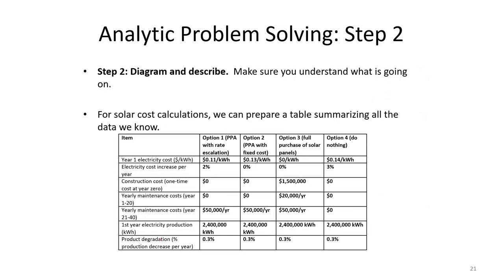Next, we need to diagram and describe. So here our goal is to really make sure we understand what's going on. Here's an example. If we were working on that solar cell cost estimate, we could prepare a table summarizing all the data we know. Maybe these are our different options for solar cell purchasing.